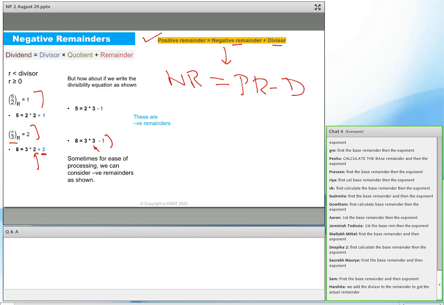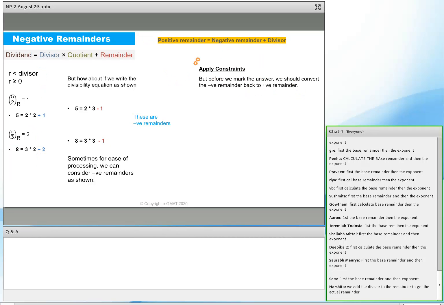However, they can only be used in intermediate stages. They can never be the final answer because by definition of remainders, they have to be positive or equal to 0. They only help us reduce the calculation load, and we'll get to those kinds of questions.